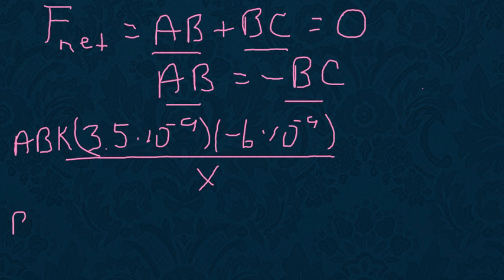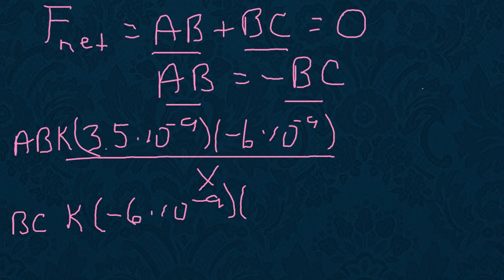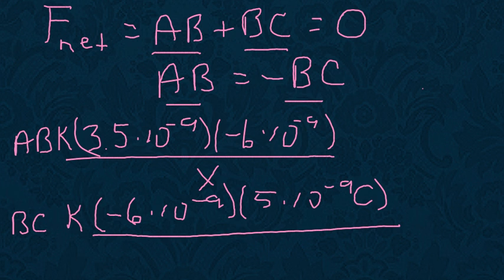Now for my BC pair, I'll still have K involved. But my new pair of charges is the negative 6 times 10 to the minus 9 coulomb, and the charge at the end, which was a positive 5 times 10 to the minus 9 coulomb. And the distance, well, that's kind of a kicker. How do I assess the distance? Well, I can't call a different variable necessarily. That's actually going to put two variables in my formula.